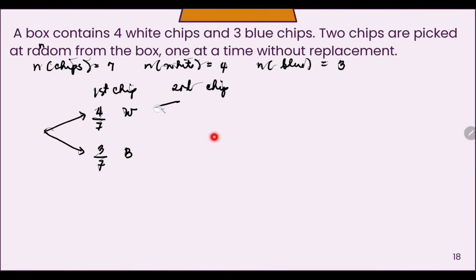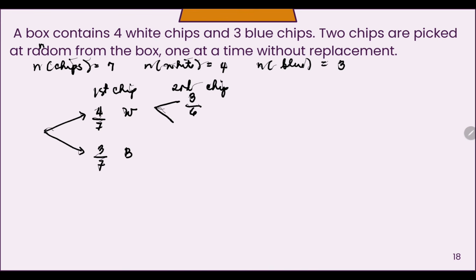So for the second chip, if your first chip has already been white, meaning to say there is 1 less white already in the box. Therefore, this would only be 3. And since you have gotten already 1 out, that means to say there are also 6 chips left.